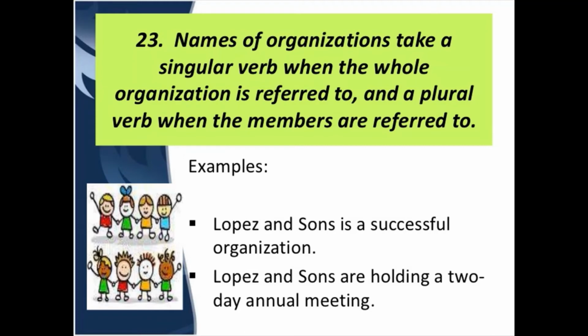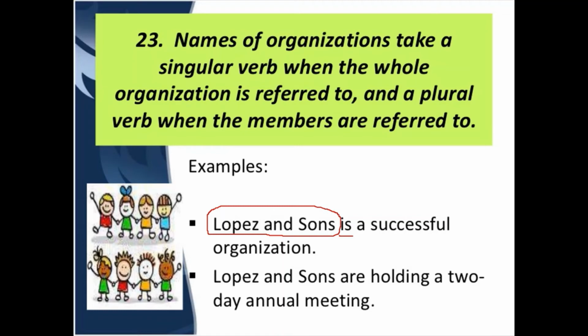So in the first example, the verb used is "is" because the subject here, Lopez and Sons, refers to a company, or the whole organization. So it is a singular subject.